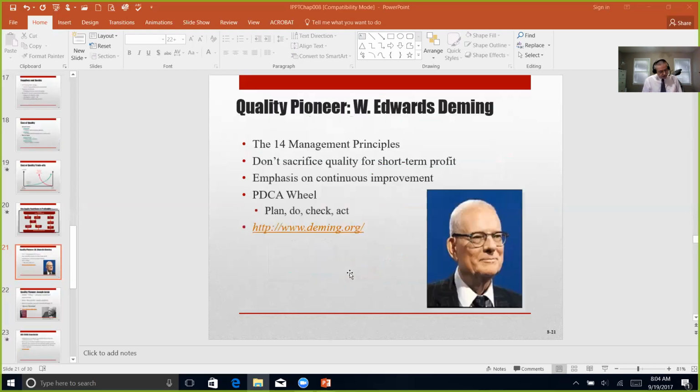Now, when we talk about quality pioneers, Edward Deming and Juran are two of the heavyweights when it comes to pioneering quality. And it really started with Edward Deming, who emphasized the role that management should take in quality improvement. And he defined quality as a continuous improvement of a stable system.